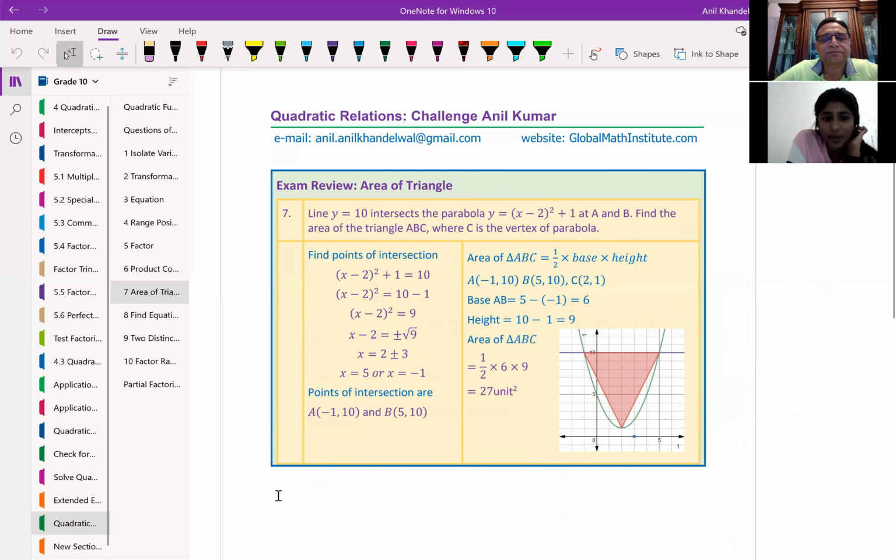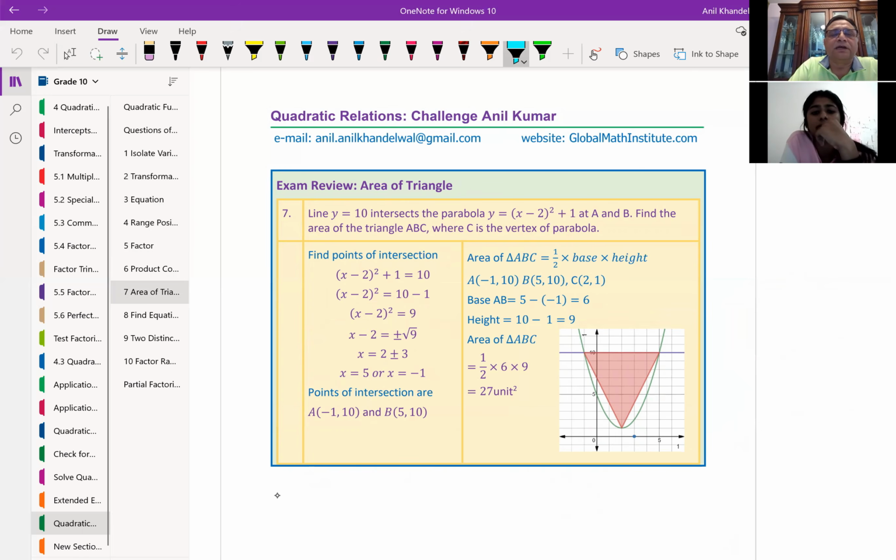Yeah. So line y equals 10 intersects the parabola y equals (x minus 2) whole squared plus 1 at A and B. Find the area of the triangle ABC, where C is the vertex of the parabola. Correct.